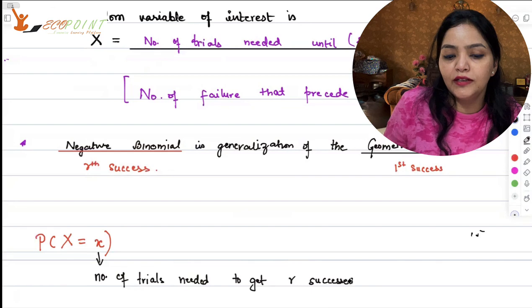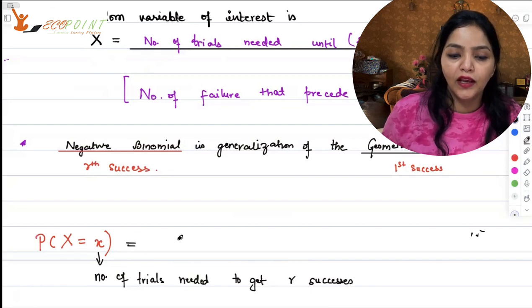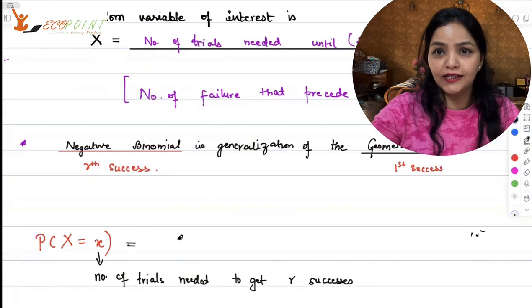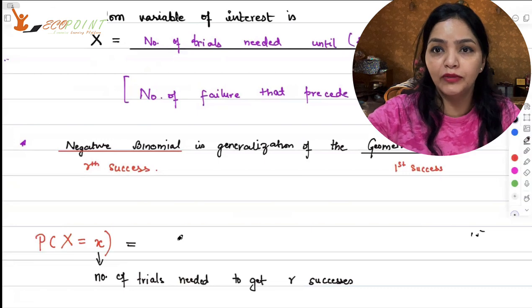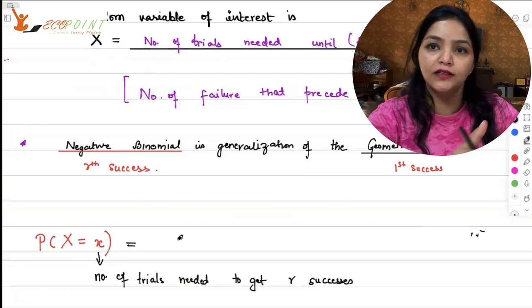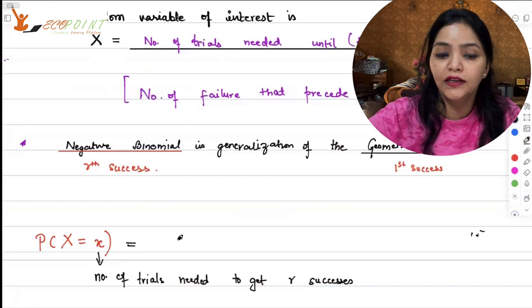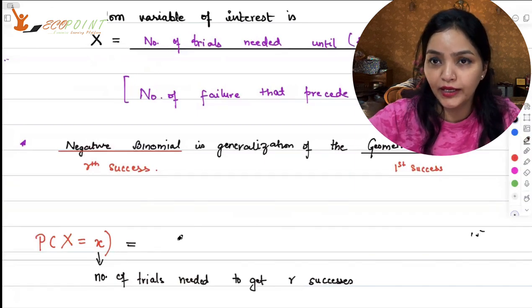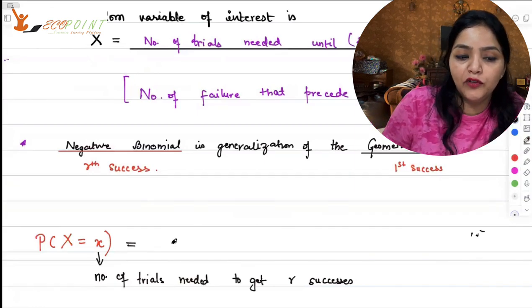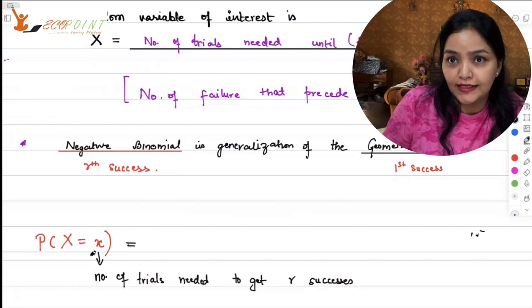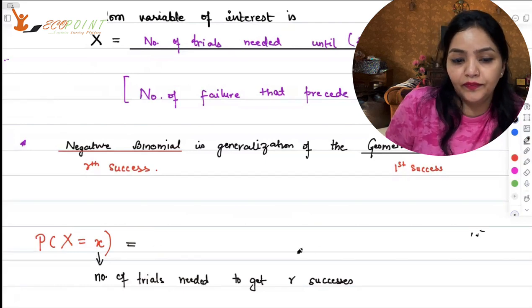And what you need to understand here is, when you get the rth success, this process will stop, because we are just talking about the number of trials needed to get R successes, in case that is x.